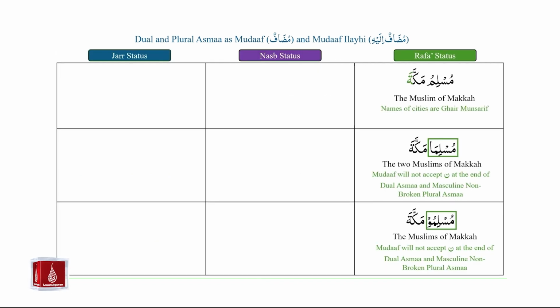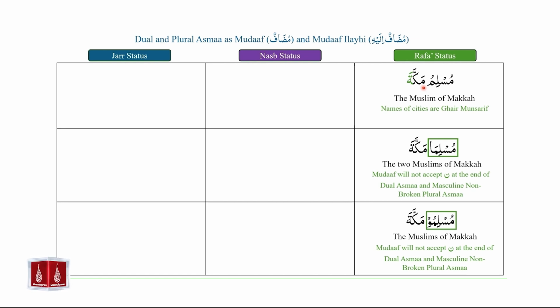Here we will study examples of Murakkab Izafi in the rafa status, nasab status and jar status. Muslimu Makkata, the Muslim of Makkah. Muslimu is indicating rafa status. Muslimu is mudaf. Makkata is mudaf ilayh.